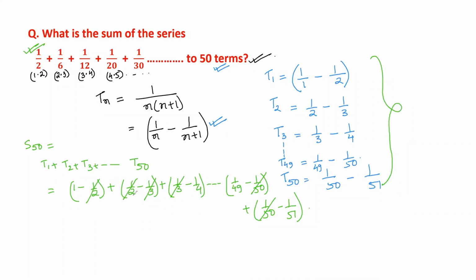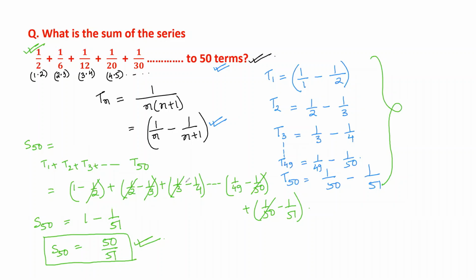So, after all these cancellations, we'd be left with 1 minus 1/51. And this would be giving us the sum of the 50 terms of this series. So, this would be (51 minus 1) upon 51, which would be 50/51. So, the sum of the first 50 terms of this series is 50/51.